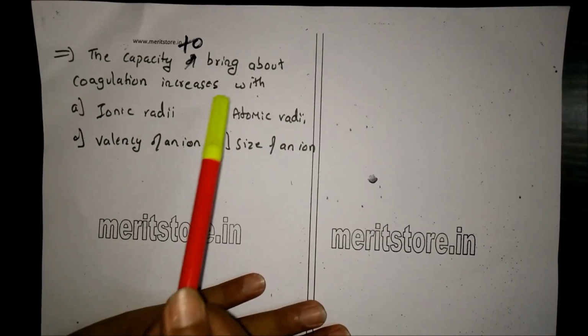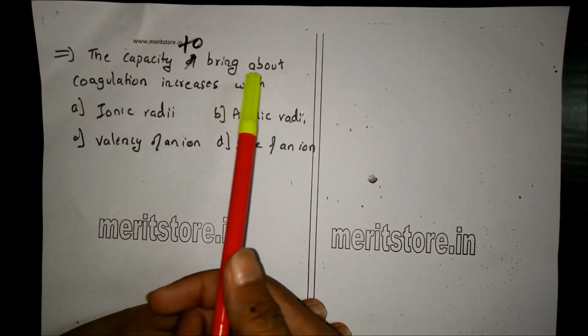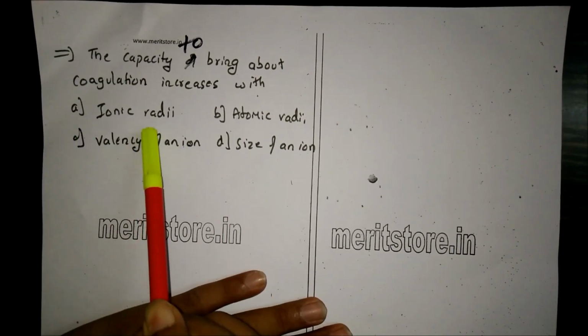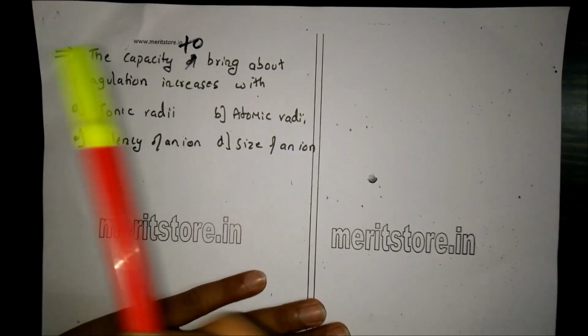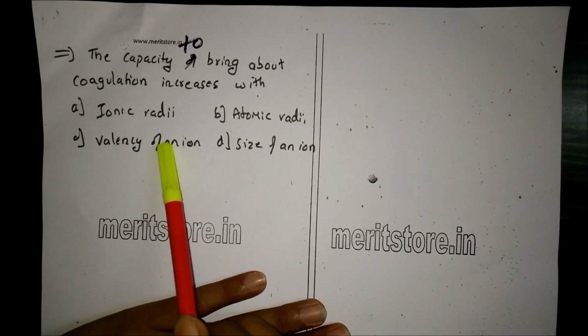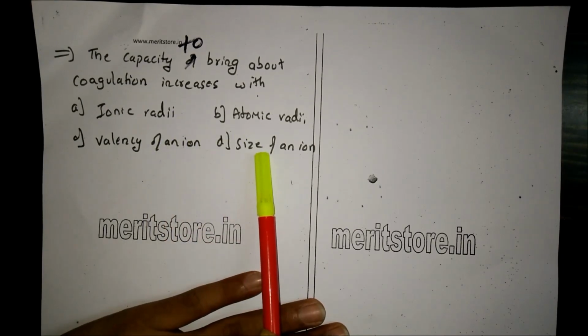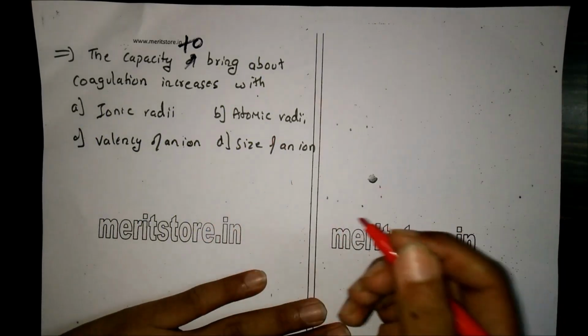The capacity to bring about coagulation increases with: option A, ionic radii; option B, atomic radii; option C, valency of an ion; and option D, size of an ion. Now here it's all related to coagulation.